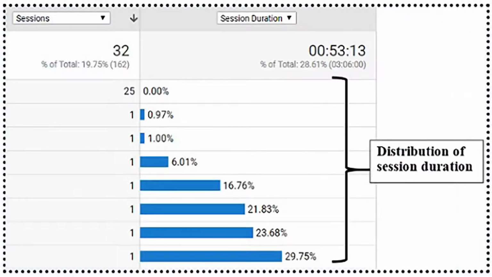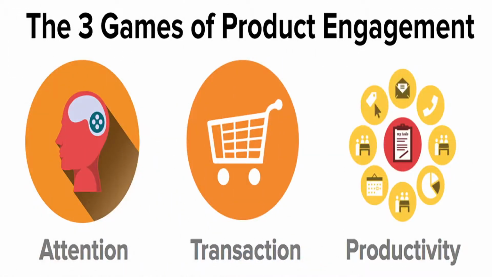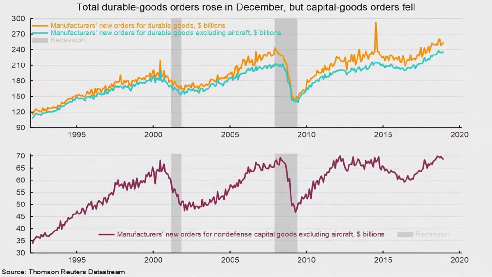The three most popular key performance indicators for website personalization are: average session duration. Are prospects spending more time on the site? Increased product engagement. Are prospects viewing more product pages and adding more products to their cart? Increased orders. Are prospects converted to real customers?